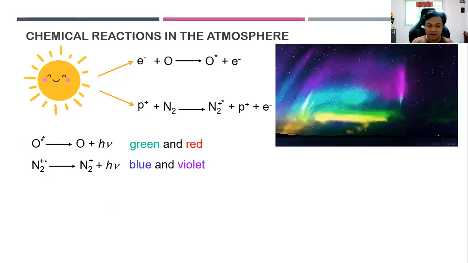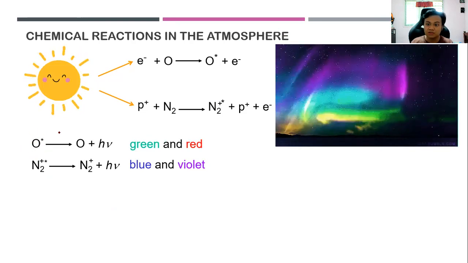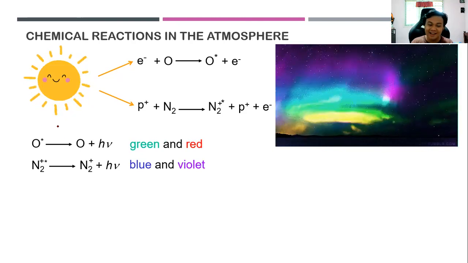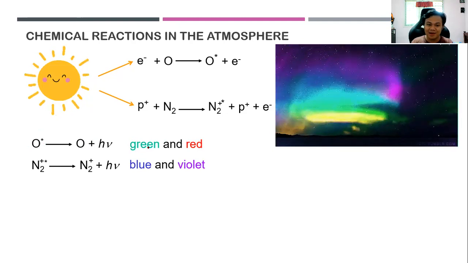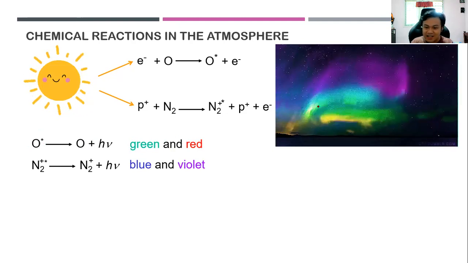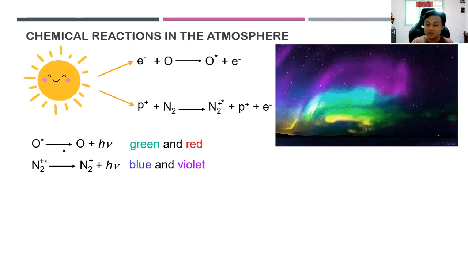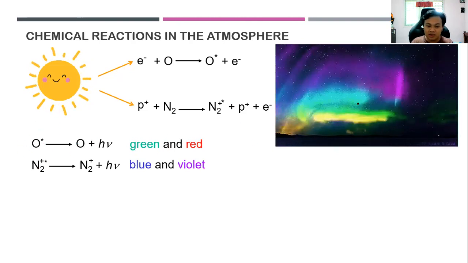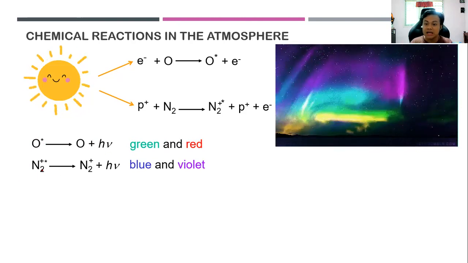As I said, this is the excited state, the energized state of the electron of the oxygen. After it returns to the ground state, it will release radiant energy, and the green and the red parts there are from the oxygen, and the green-blue or violet are from the nitrogen.